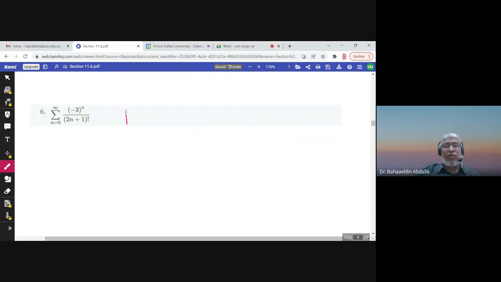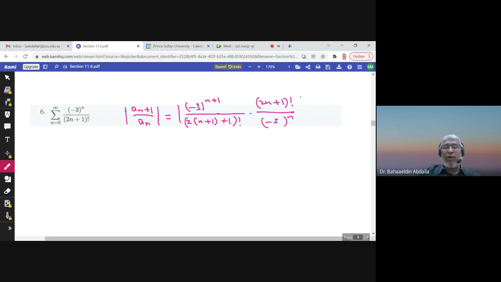Similarly, the absolute value of a_{n+1} over a_n would be the absolute value of, I have -3 to the power n plus 1 over, I replace n by n plus 1, so I write 2 times (n plus 1) plus 1 factorial, multiplied by (2n plus 1) factorial over -3 to the power n.